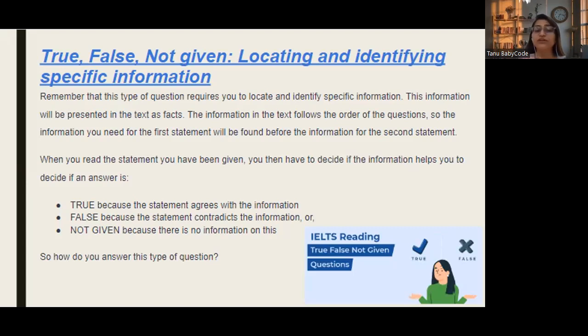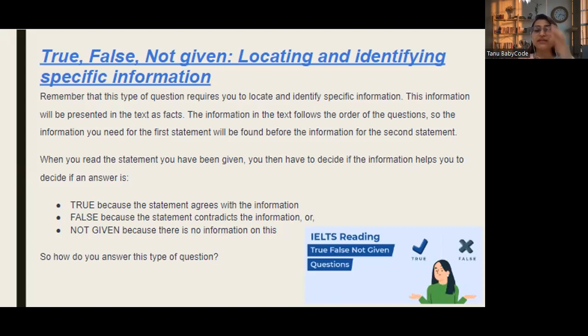That means the answer to question 1 will always come first, and then you will get answer 2, then answer 3, and then answer 4. So everything will be in order here, right? The information in the text is actually in the order of your questions.